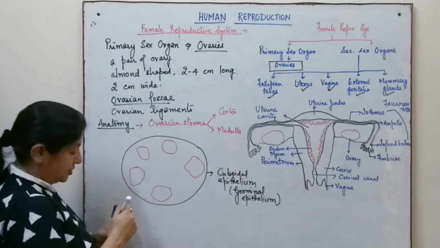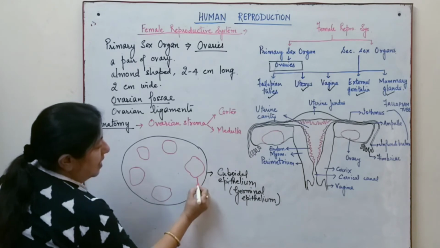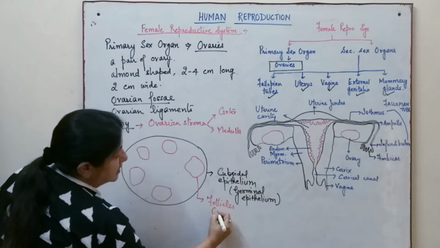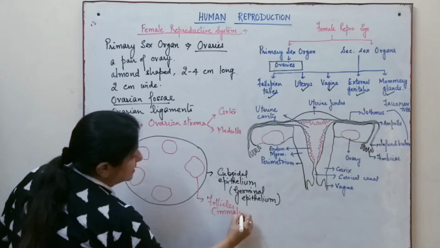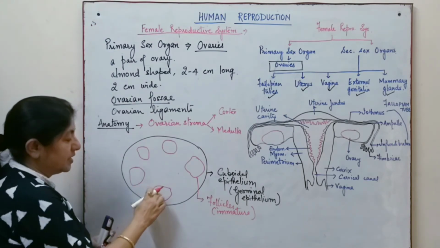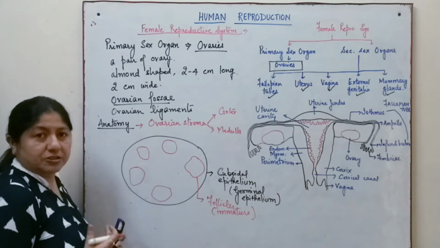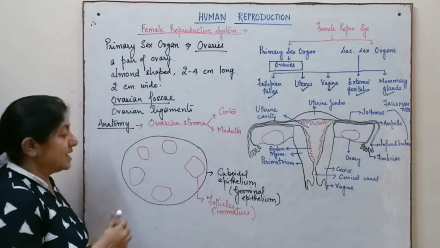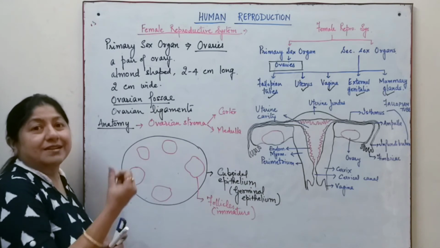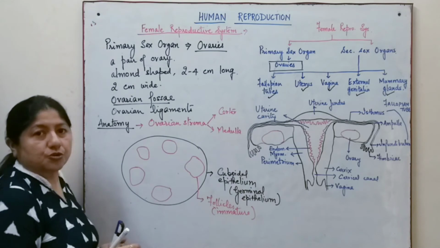These rounded structures are actually immature follicles. When we say immature follicles, that means there is an immature egg present, surrounded by cells. As the process of maturation of the eggs takes place, these immature follicles change into Graafian follicles, releasing the egg. And when the egg is released, the follicle changes into the corpus luteum.